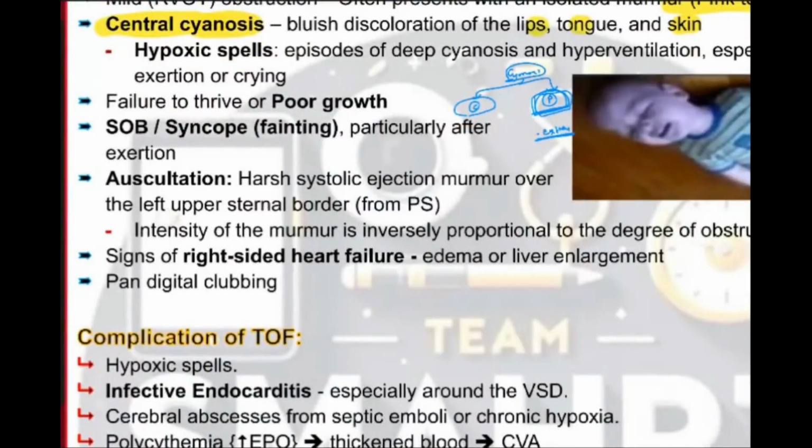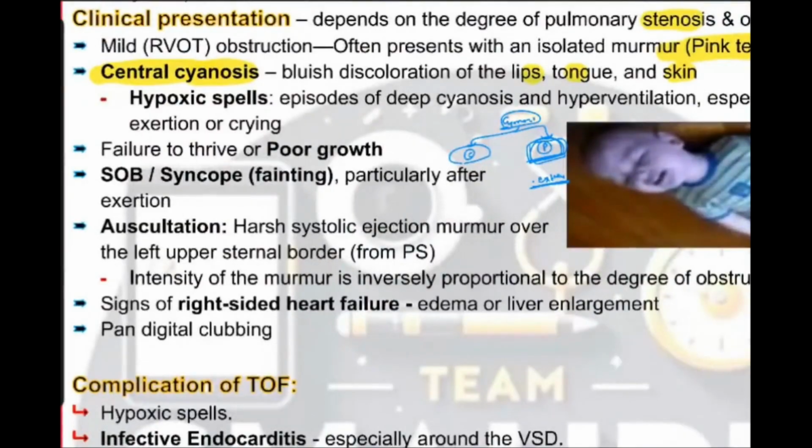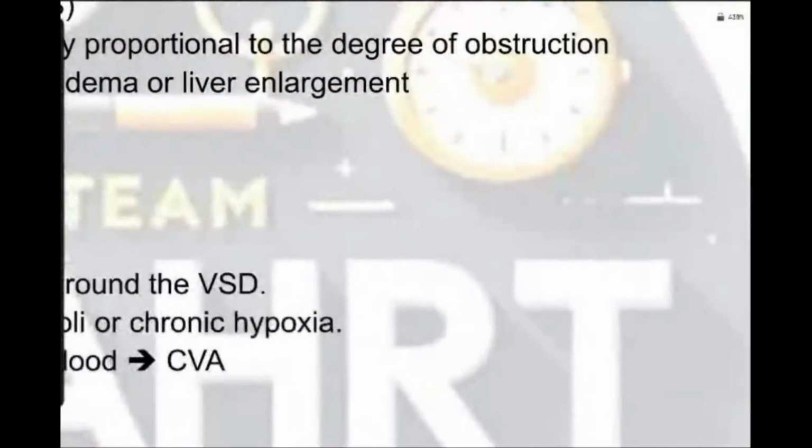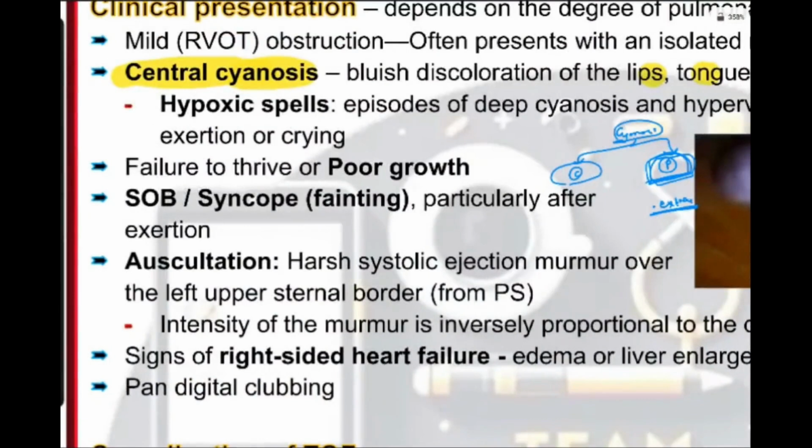We will talk about hypoxic spells, but first remember, central cyanosis is there. Why? Because the right heart is not functioning, meaning there is no oxygenation, which means cyanosis. With no oxygen for metabolism, this leads to FTT, failure to thrive.